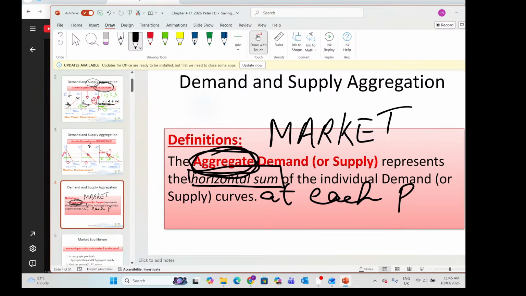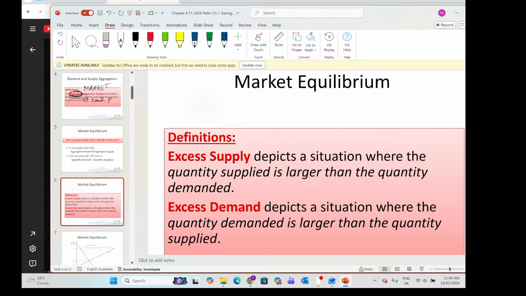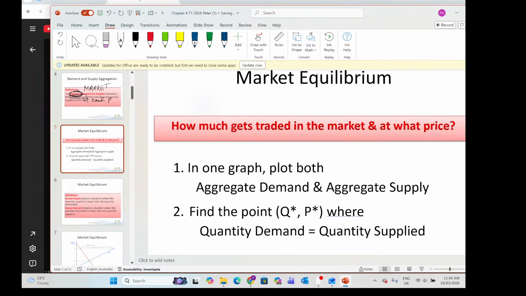So we've now got the market demand and the market supply, and if we then put these two curves together, we're going to arrive at the market equilibrium.